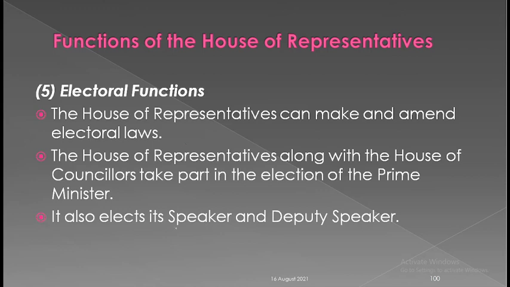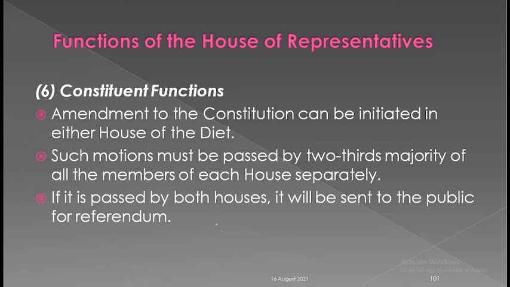It also elects its speaker and deputy speaker in the first session of the House. In terms of constituent functions, or amending the constitution, as we have already discussed, both the houses have more or less equal power. A bill can be introduced in either house, and in case of deadlock, the opinion of the House of Representatives will prevail.